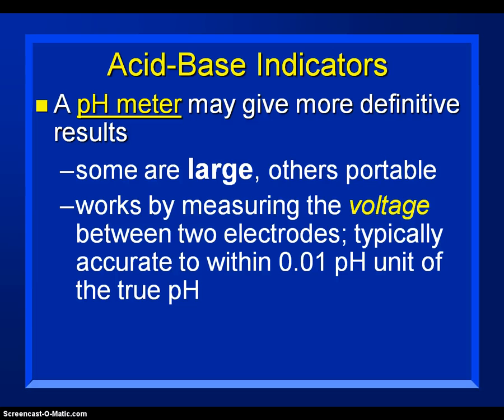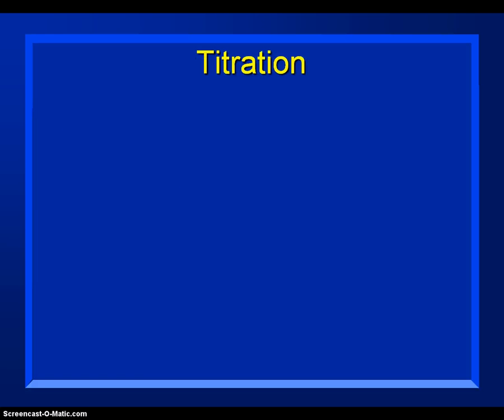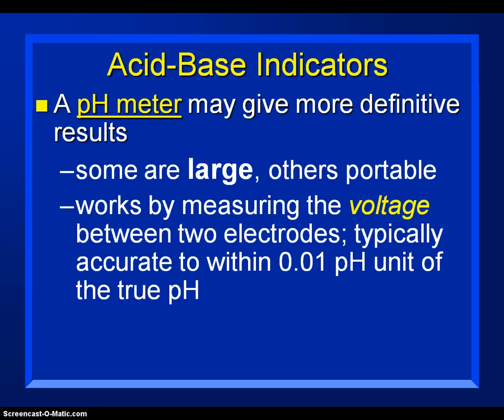However, they measure voltage using electrodes, so they can measure a very, very accurate and true pH, as opposed to the other scales where we're looking at like 2, 4, 6, and 8, and we know that that's an exponential difference. pH meters also need to be calibrated, and they need to be stored properly, and so there's a lot of maintenance that goes with dealing with a pH meter.